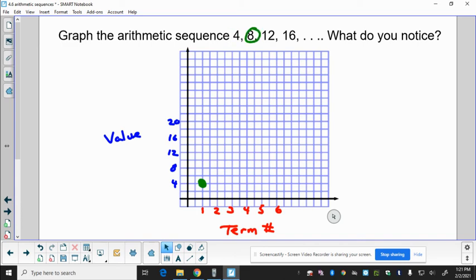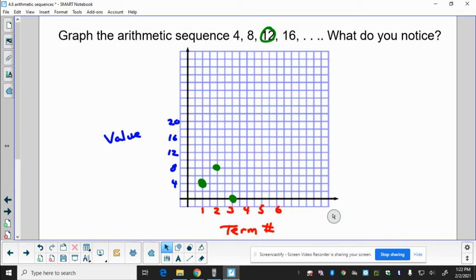Now I'm going to graph that next number, and that is an 8. So my second term, see I'm under the 2 there, is an 8. Now I'm going to graph a 12. And that's the third term of the sequence.